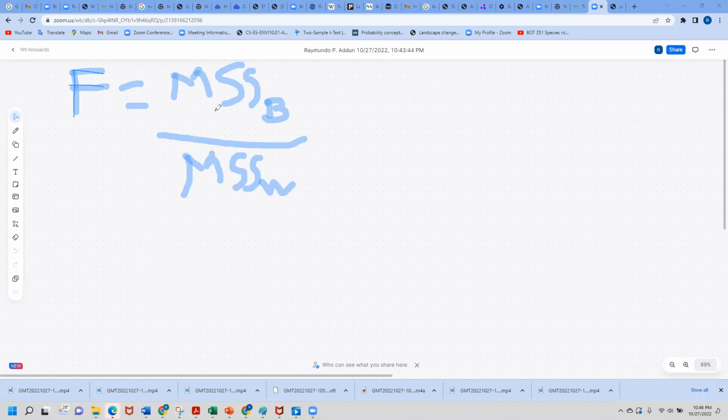Well, first, what are we talking about? Sum of squares. What are these squares? Well, it's the sum of squares between your samples. So it is a sum of squares about the mean of the means, the grand mean.